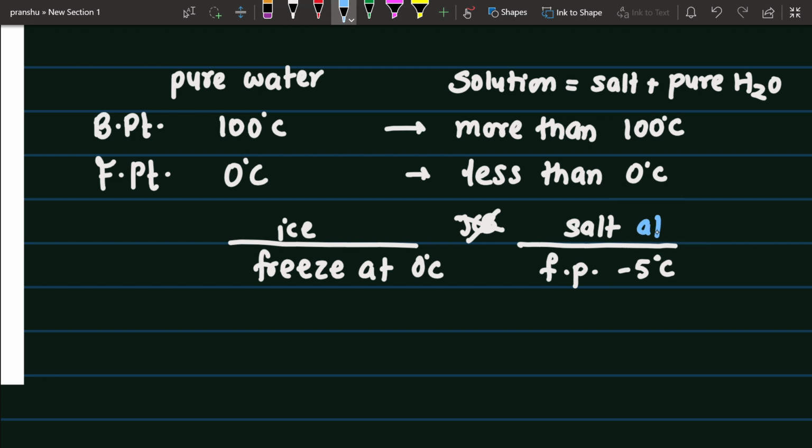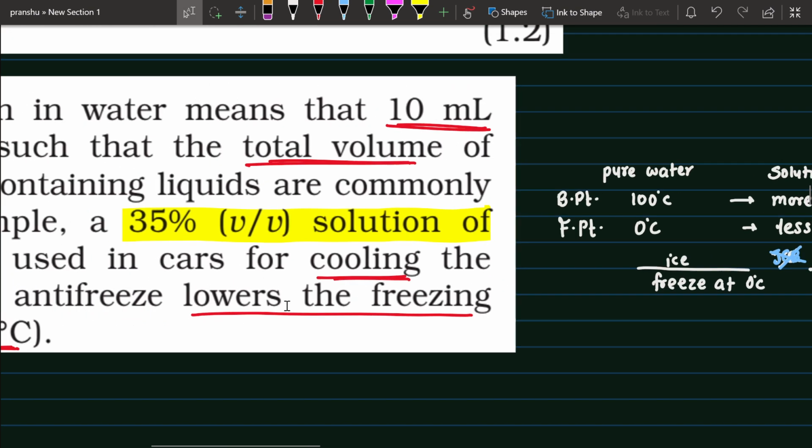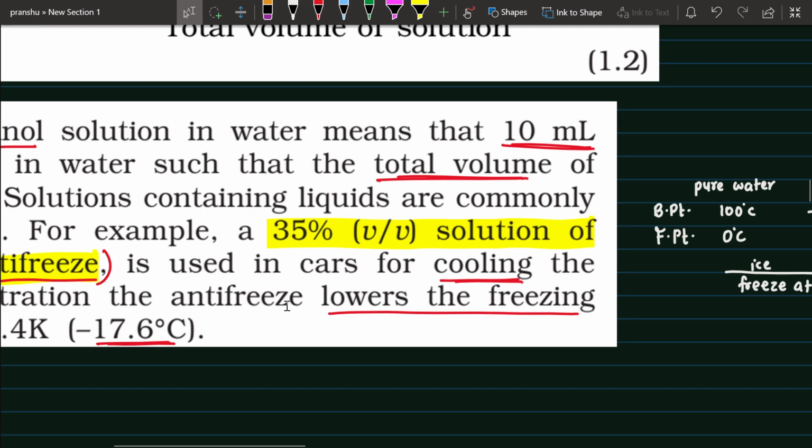Means at 0 degree Celsius this salty water is in liquid phase, because at minus 5 degree Celsius it will be in the solid phase. So in cold countries they avoid the use of JCB and sprinkle the salt on ice so that ice melts easily by lowering the freezing point. Detail we will study in the next after 2 class.